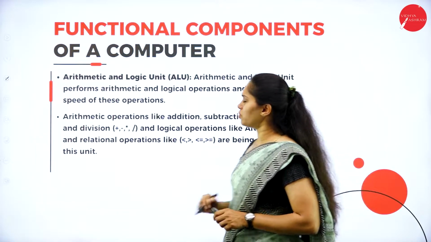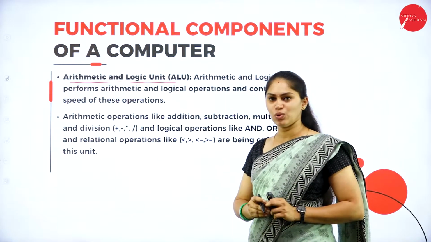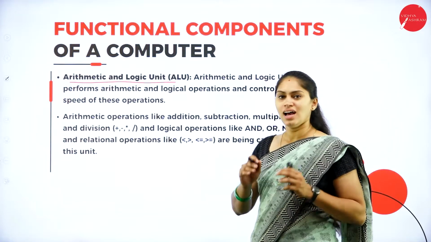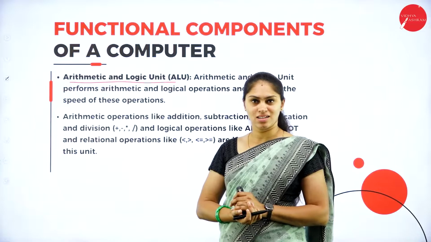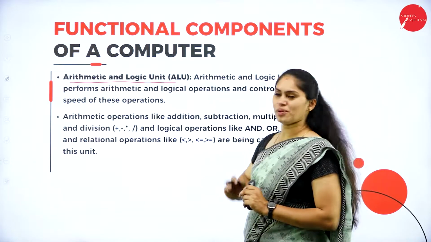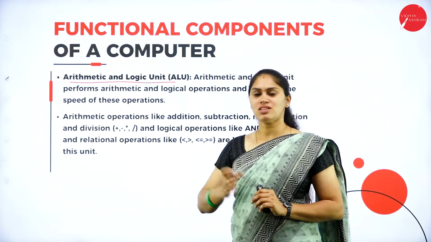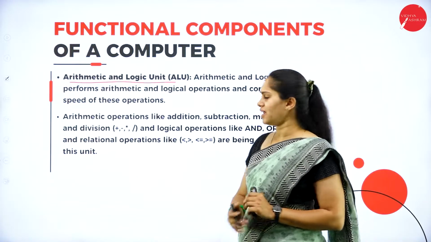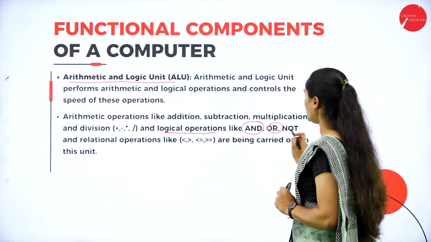Next, we have one more important component, the arithmetic and logical unit. As the name indicates, arithmetic and logical. You already know about arithmetic operators, right? Addition, subtraction, multiplication, division and modulus are all arithmetic operations. And the logical operations include and, or, and not.